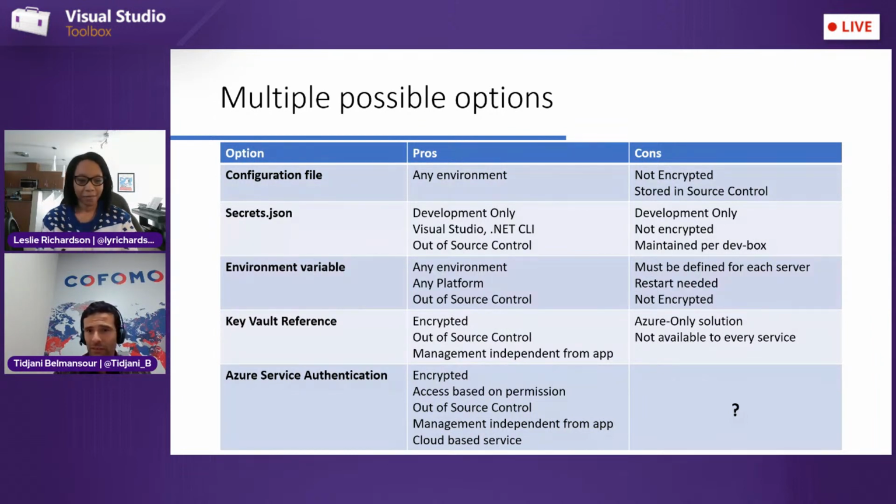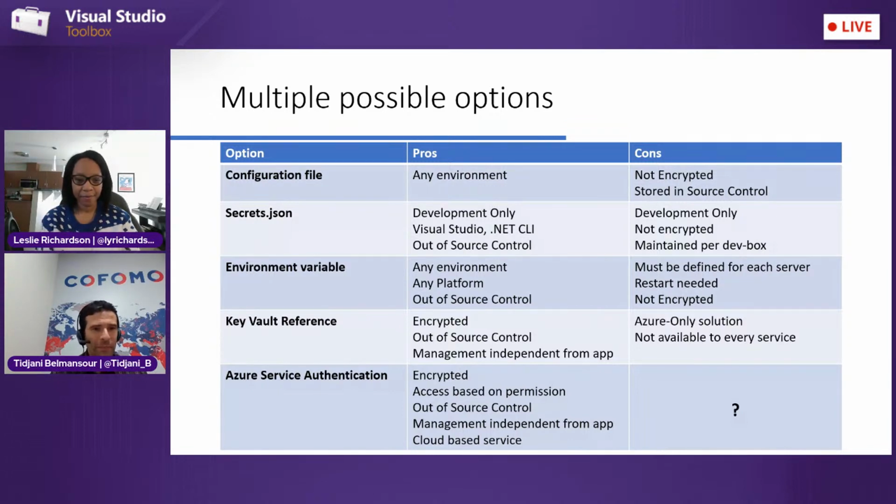Another inconvenience is that, just as with the configuration file, the information is not encrypted in the secrets.json file, although the name suggests that it's secret. And it's stored on your dev box, so it has to be maintained for each development machine.